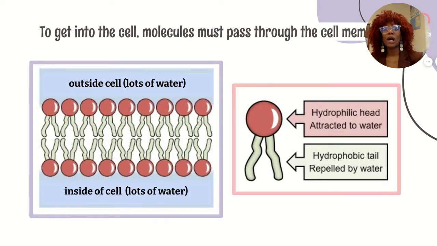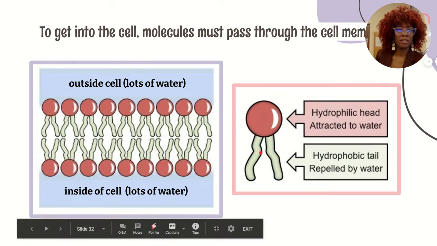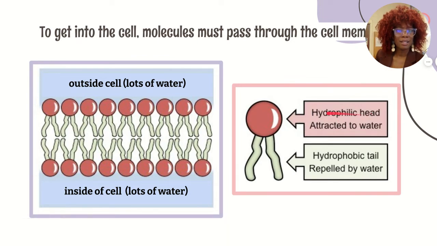So to get into the cell, like I said, molecules that are outside of the cell that want to get inside have to go through this phospholipid bilayer. But the phospholipids are made up of two components. They have their hydrophilic head and hydrophobic tail.